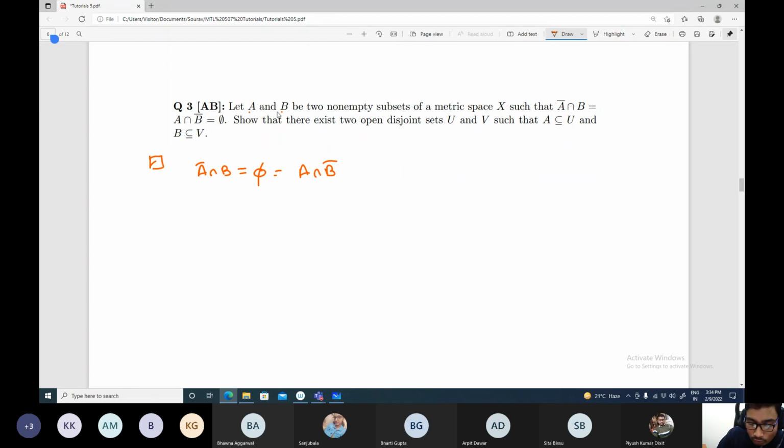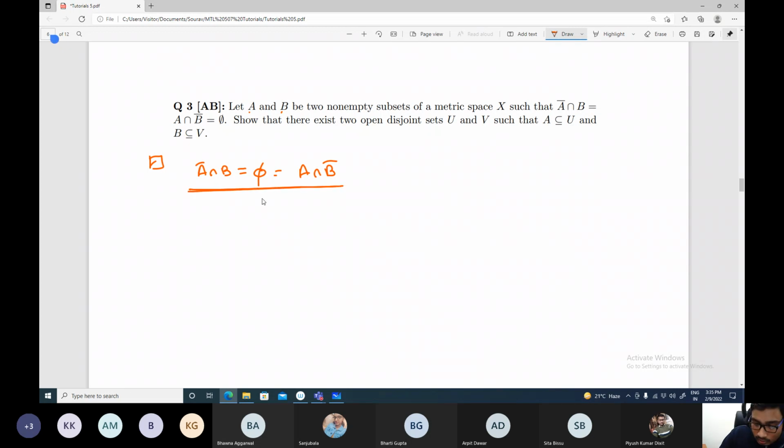So A and B are not only disjoint, but if we take the closure of A, then its closure will also contain no points from B, and similarly for B. You have to prove that in this case A and B are also separated by means of open sets. Okay, this is given, right?